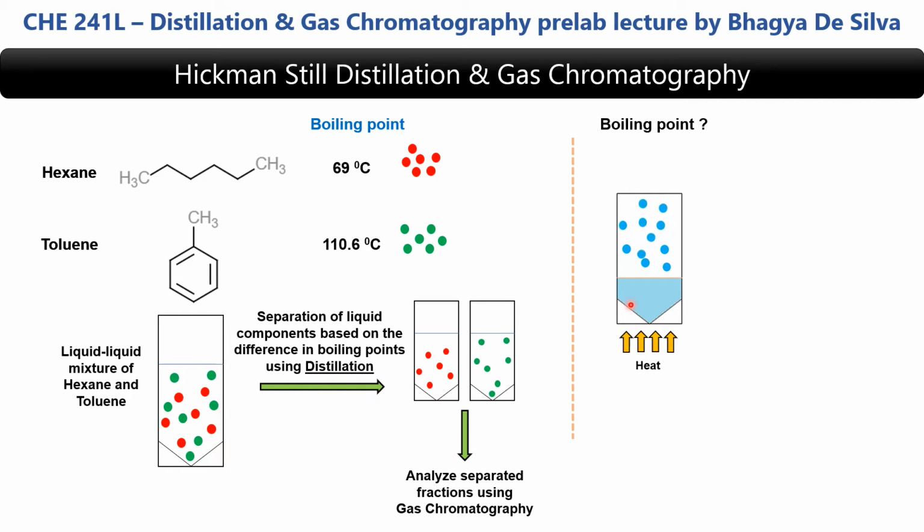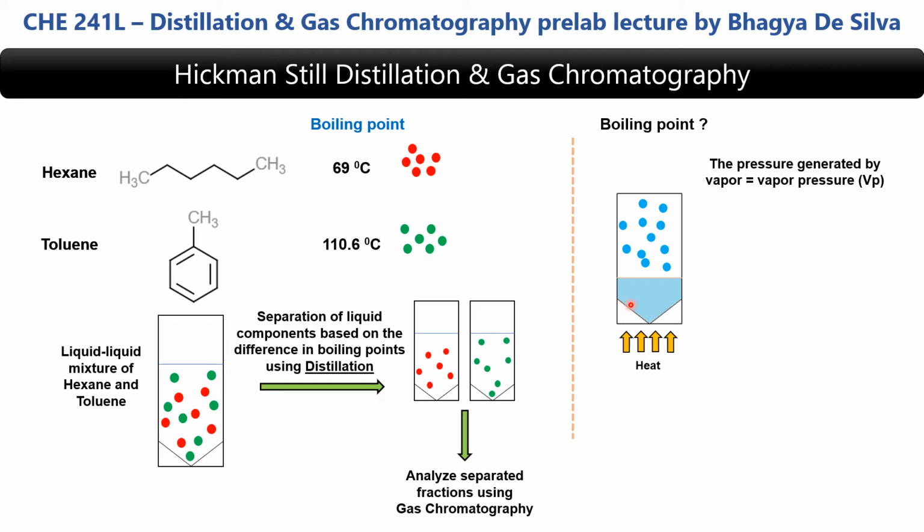As we continue to supply heat, more and more liquid molecules will turn into gas molecules. These gas molecules can exert some pressure. For example, when we blow into a balloon, the balloon expands due to the pressure from the gas molecules, right? So all the gas or vapor molecules have a pressure which we call the vapor pressure.